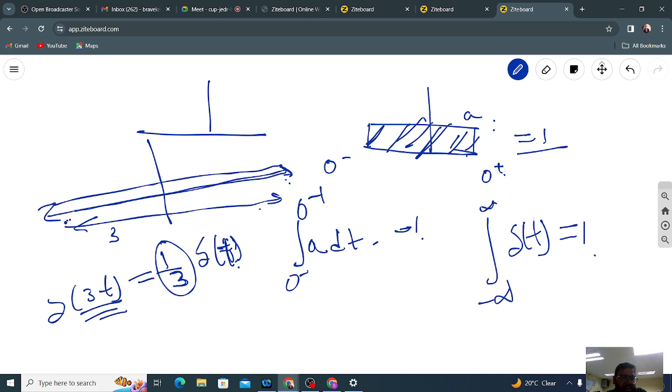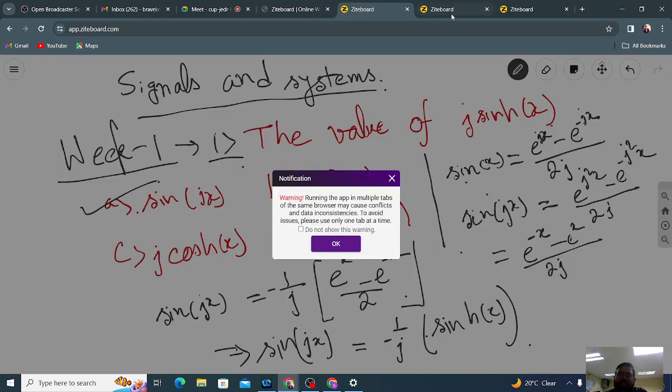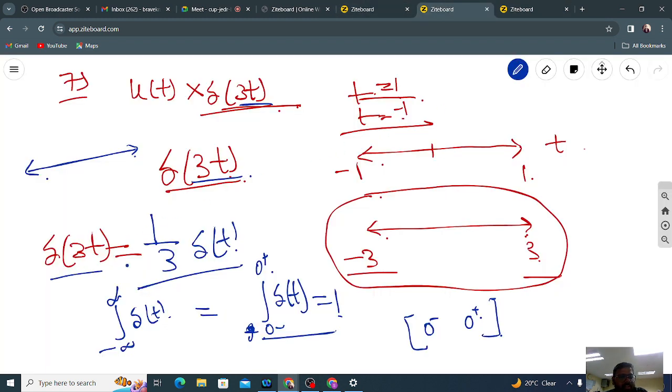So if we stretch the time axis, we have to decrease the amplitude axis, and del of t by 3 will be 3 of del t, because we are narrowing the time axis in this case. It just gets multiplied by a factor of 3 to keep the area under this curve equal to 1. So from this we can write that del of 3t is 1 by 3 del t.